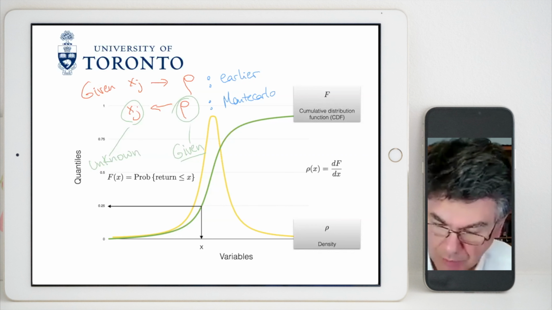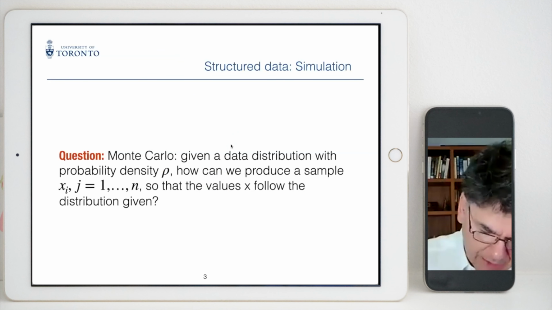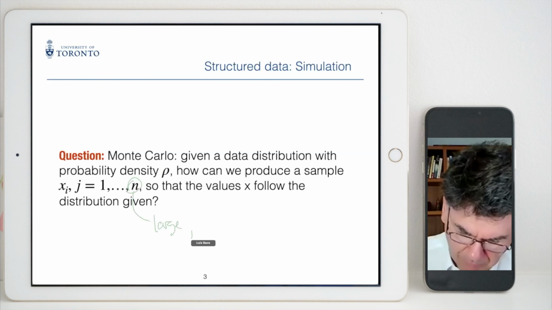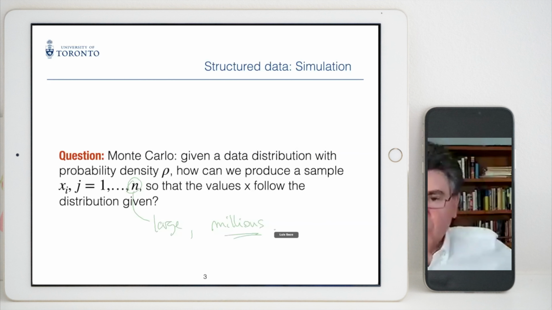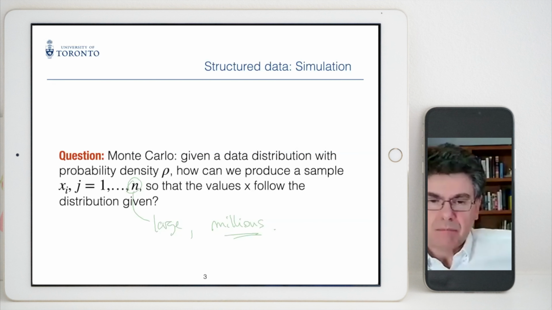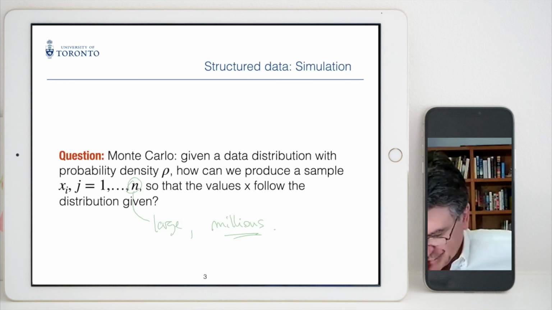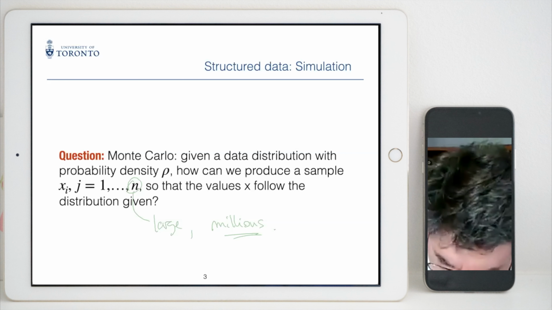When you go to our question here, N is typically very large, typically millions. We want to generate many possible markets for the future. And the question I'm going to answer is this one. How do we do this?